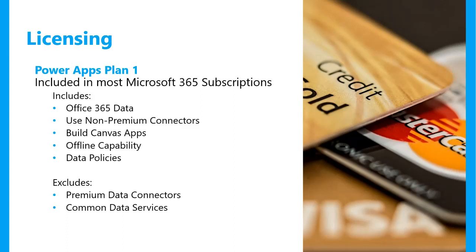Some things you might have come up against when you're looking at using Power Automate and Power Apps is what we refer to as premium connectors. There are certain premium connectors that you have to pay additional for or have one of the more advanced Power App licenses.